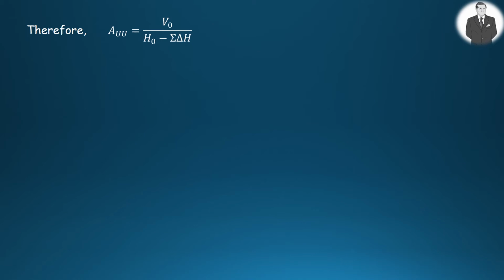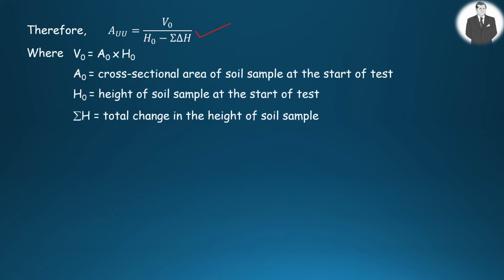Therefore, the cross-sectional area of the sample during undrained unconsolidated test can be obtained using the equation presented here, where V sub 0 is the initial volume of soil sample just before testing, which is equal to A sub 0 times H sub 0.